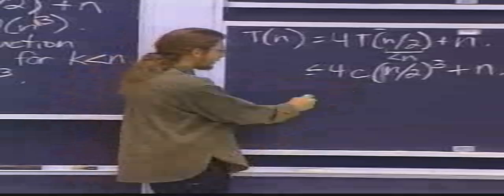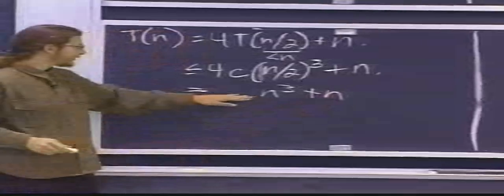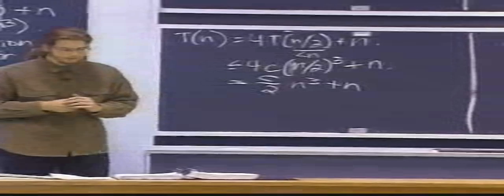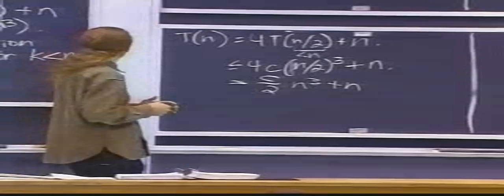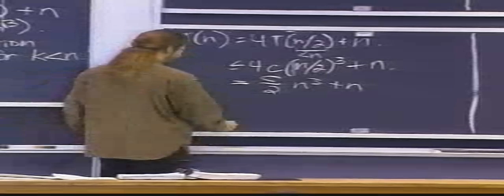Let's rub it in. OK. Where are we? We have this. We should expand it out, maybe. What is it? It's something times n cubed plus n. The lead constant is c over 2. Thank you. Right. 8 on the bottom. OK, now what's our induction hypothesis? We want to prove that that's at most c times n cubed.